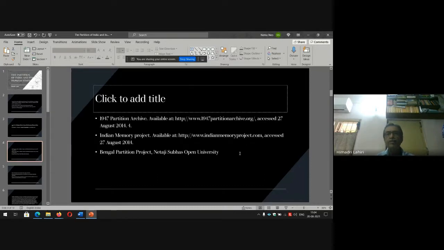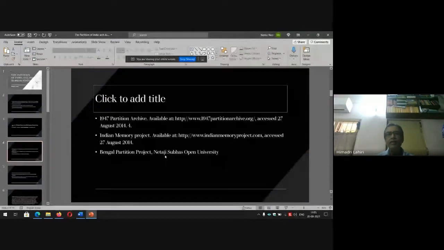Okay, so these are three very important archives that I mentioned, and you can yourself access these. The new archival methods have come a long way, and I believe that some of you who want to do research in partition studies will, or rather must, consult these archives.